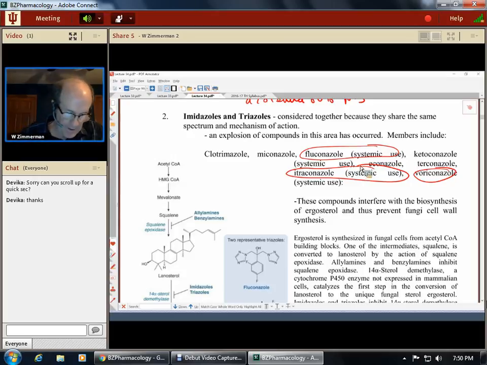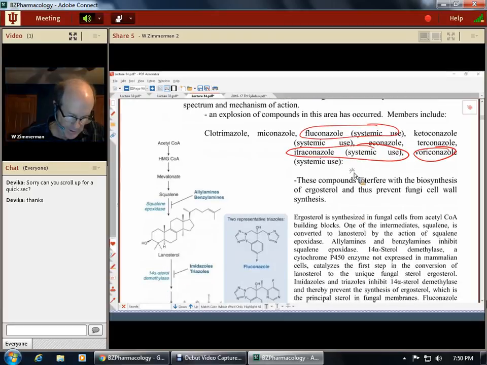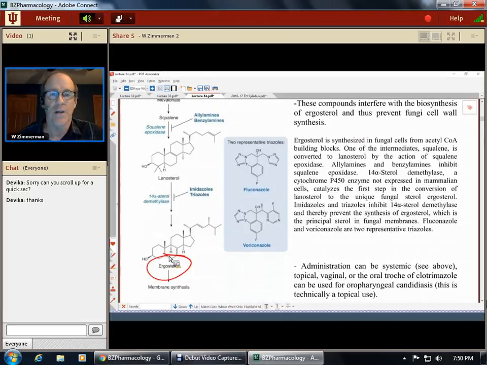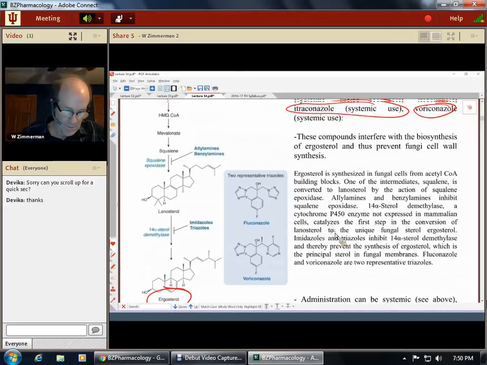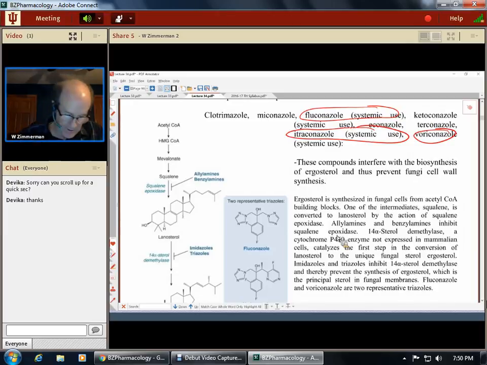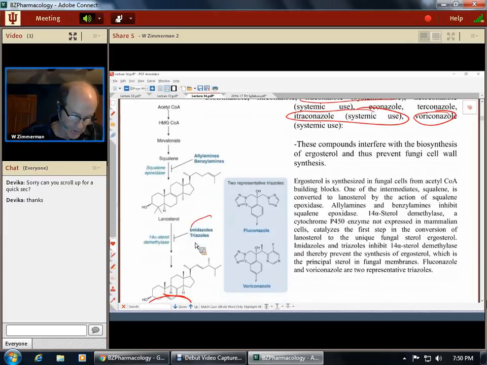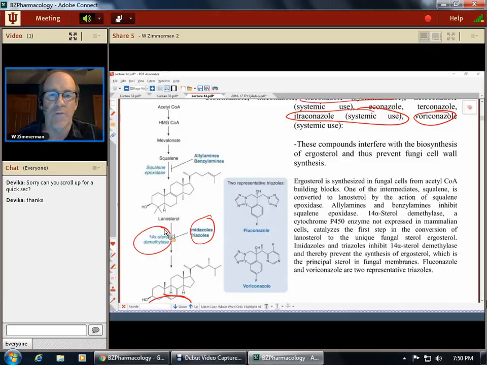So what is it these compounds do? Well, it's on the left here. This is the pathway to ergosterol synthesis. And it looks, of course, a lot like cholesterol synthesis. But what we see is these compounds, the imidazoles and the triazoles, they inhibit this 14-alpha-sterol demethylase.